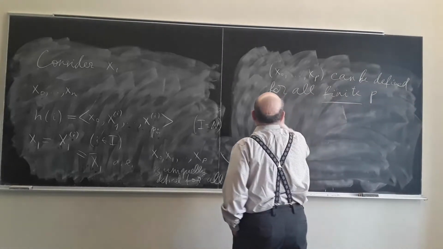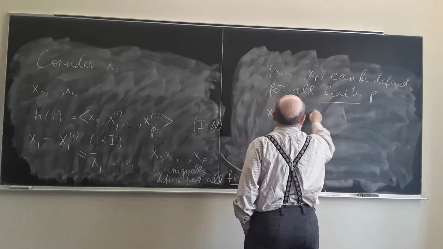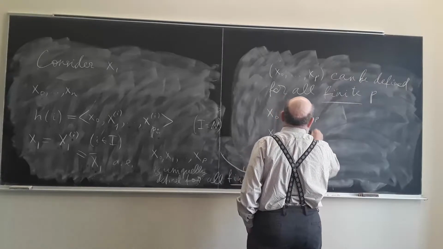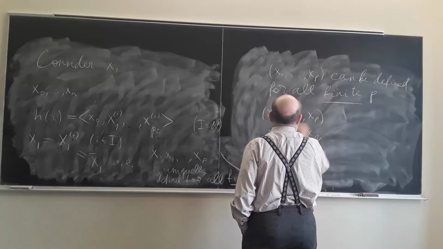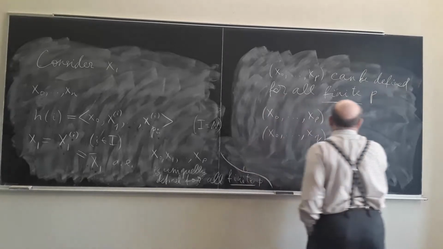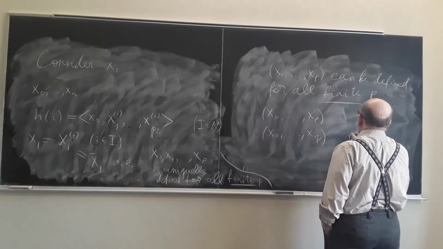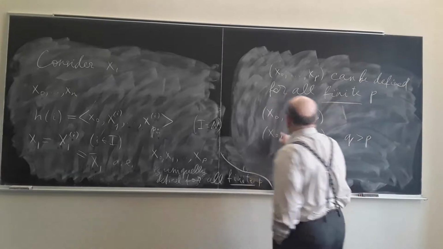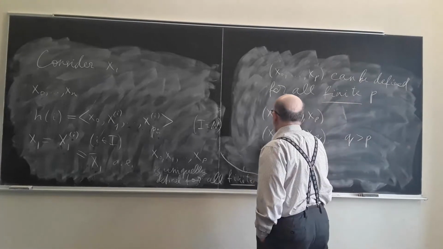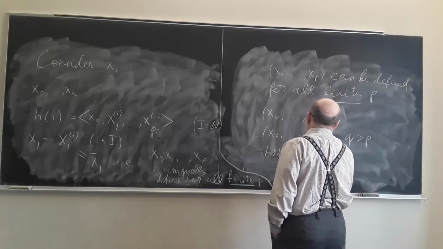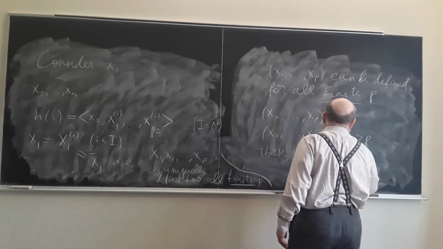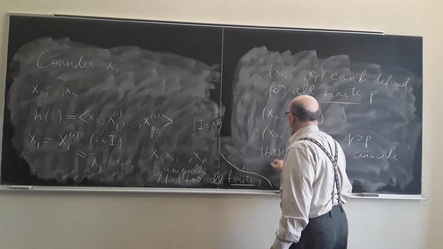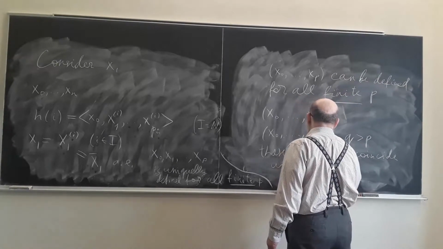Now, if you have x0, ..., xp, and then you have found x0, ..., xq, and say q is more than p, then these two sequences coincide up to p.